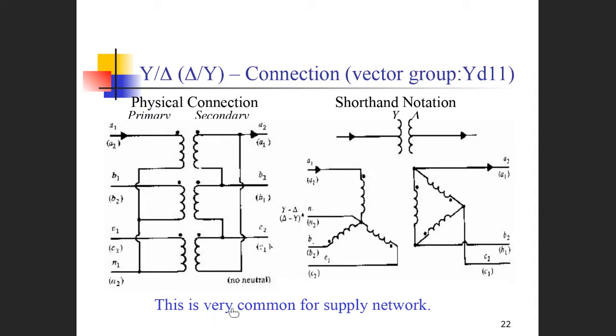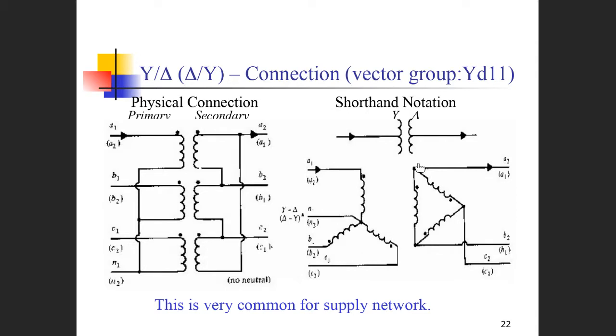Okay, so this is a very common transformer connection for supply networks. Generally, in supply networks, the delta connection is used for the high voltage side, and the star connection for the distribution side, so that we can use the 3-phase transformer and 3 single phase loads with the neutral point.